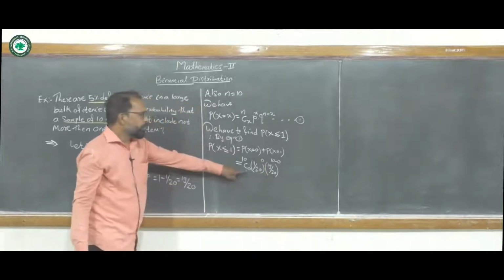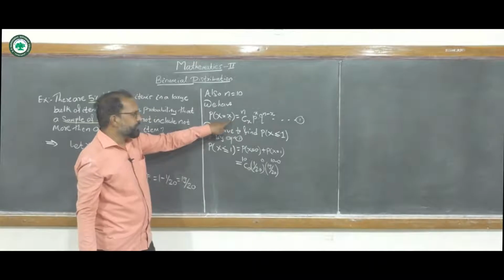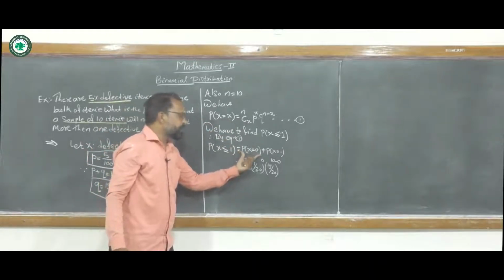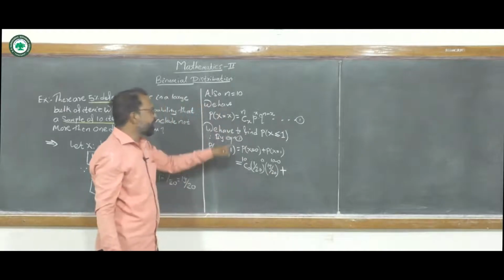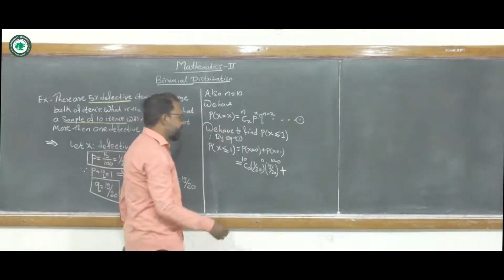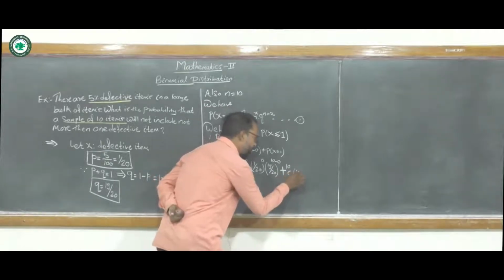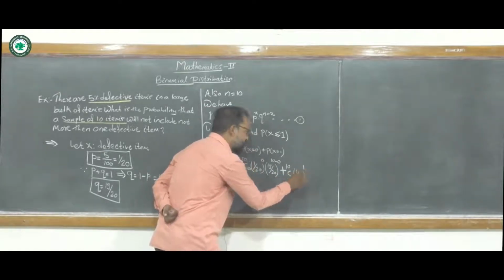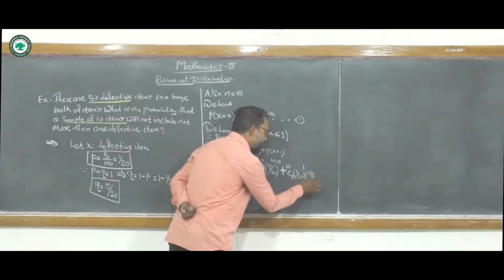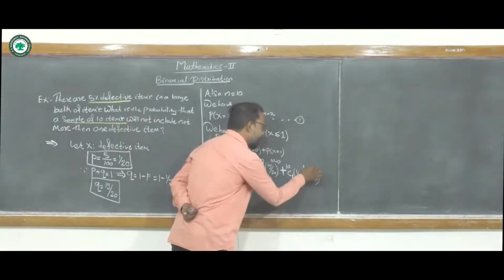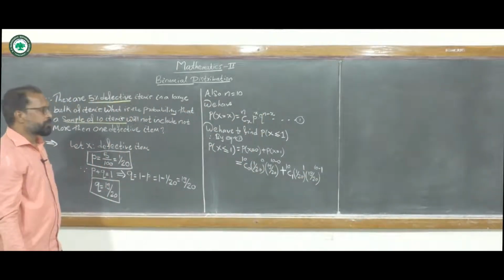This is the term when we put x equals 0 in equation 1, that is probability of X equals 0. Now plus, put x equals 1. So we get 10C1 into 1 upon 20 raised to 1 into 19 upon 20 raised to 10 minus 1. Now simplify this.